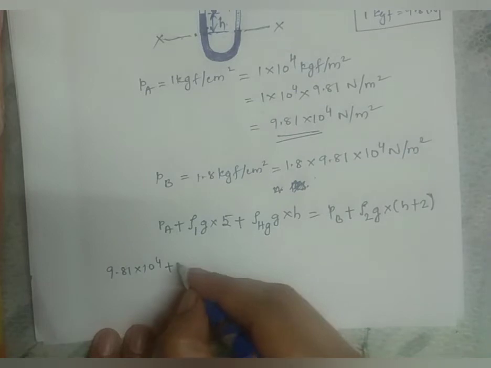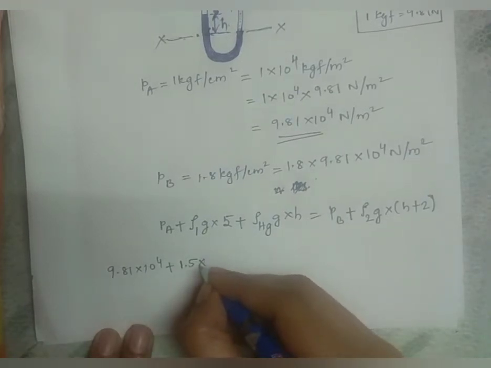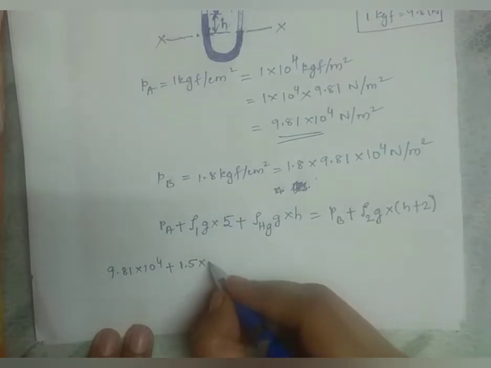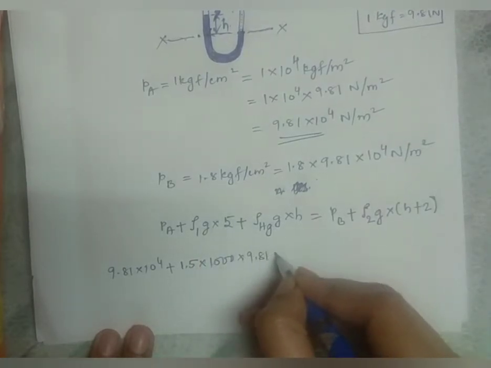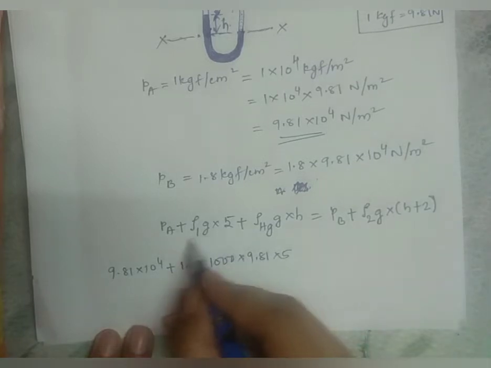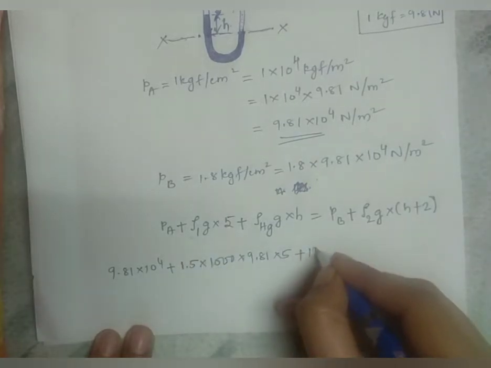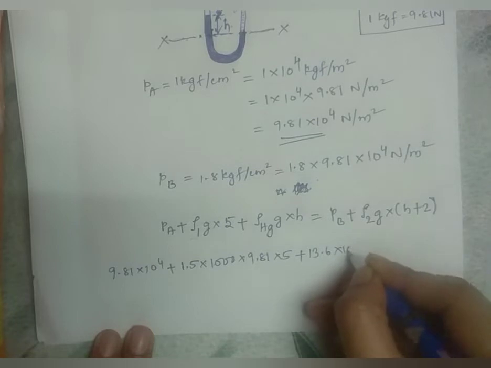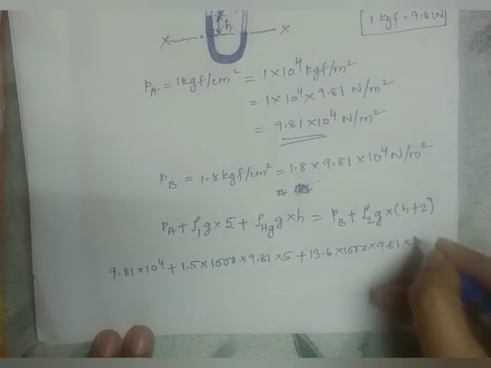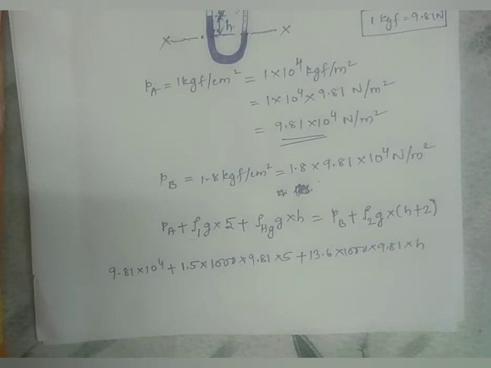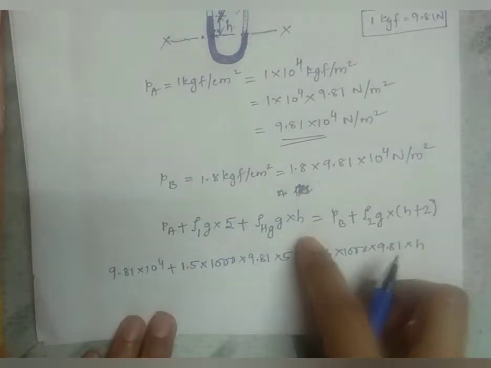Specific gravity S1 is given as 1.5, so 1.5 into rho of water, that is 1000, into 9.81 into 5. So that is this term, plus 13.6 into 1000 into 9.81 into H. So this part is over.